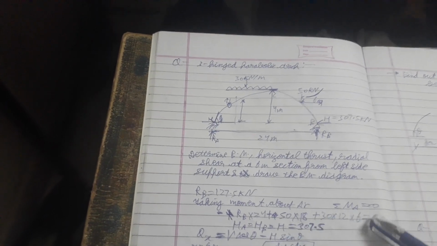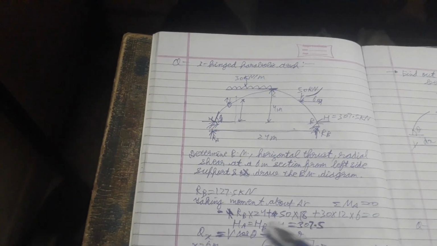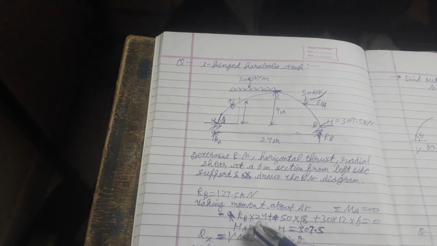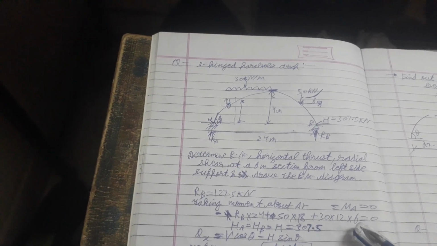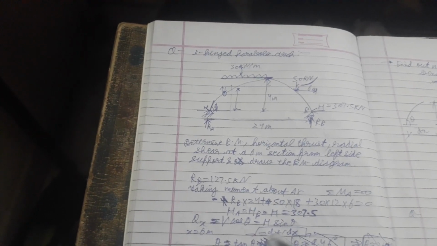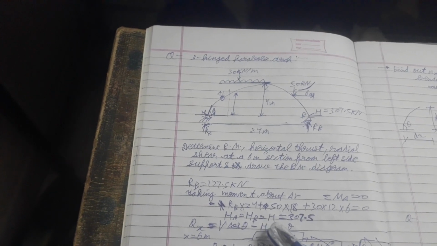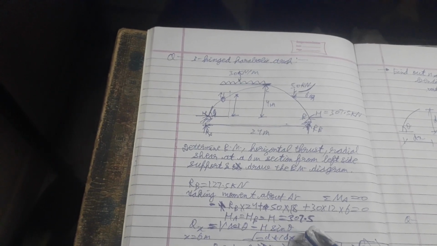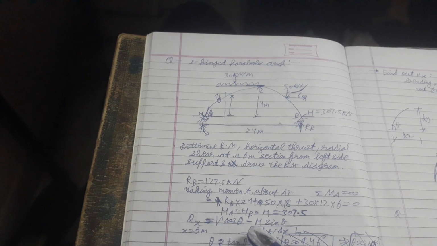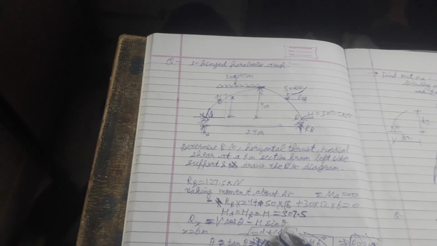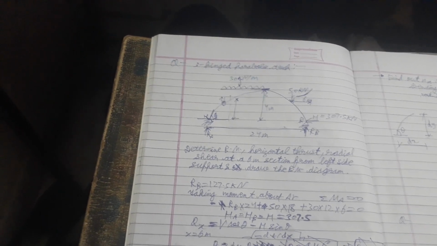Taking moment about A, summation MA is equal to 0, which implies minus RB into 24 plus 50 into 18 plus 30 into 12 into 6 is equal to 0. Implies HA is equal to HB is equal to H is equal to 307.5. QX is equal to V cos theta minus H sin theta, X is equal to 6 meter.